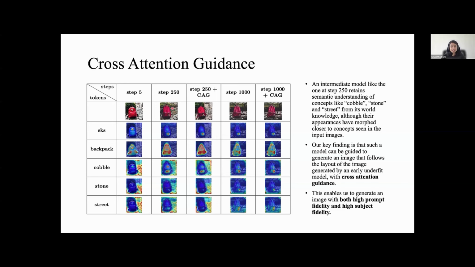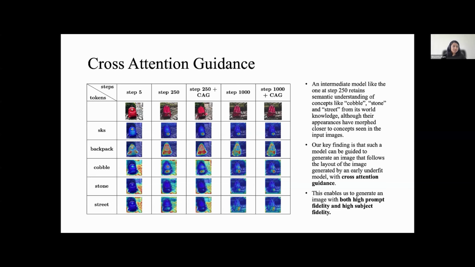Now, our key finding is that this model can be guided to generate an image that follows the layout of the image generated by the underfit checkpoint using cross-attention guidance. Here, CAG stands for cross-attention guidance. And we can see our result in this step 250 plus cross-attention guidance column, where we have the exact same layout, but this backpack has been replaced by our backpack.